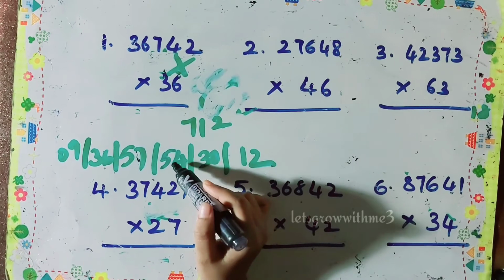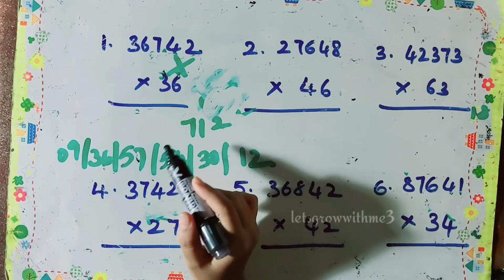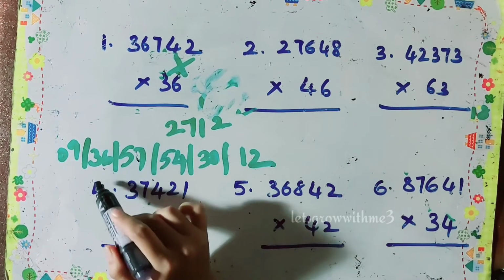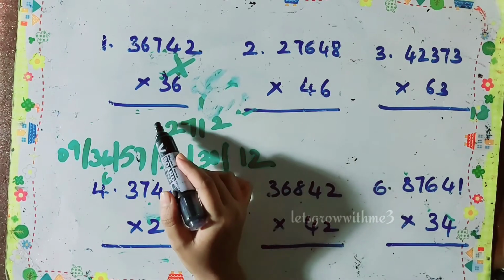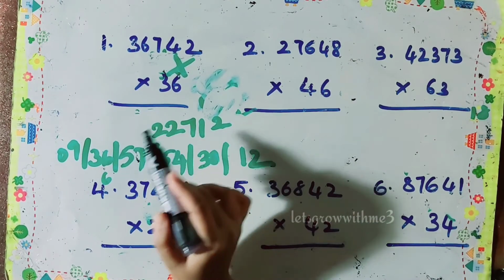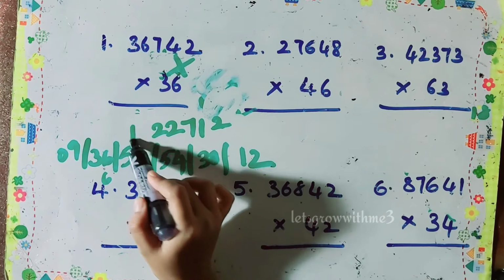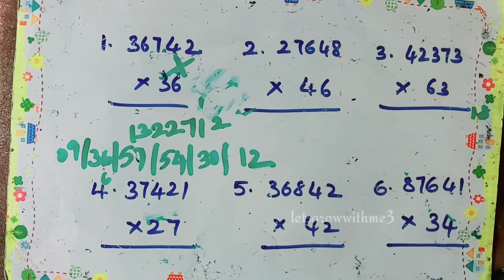Then 5 we need to add to the 57, so 57 plus 5 is 62. Then we need to add 6 over here, which is 42, and then 4 we need to add here, then we will get 13. So the answer is 1,322,712, which is a big answer.